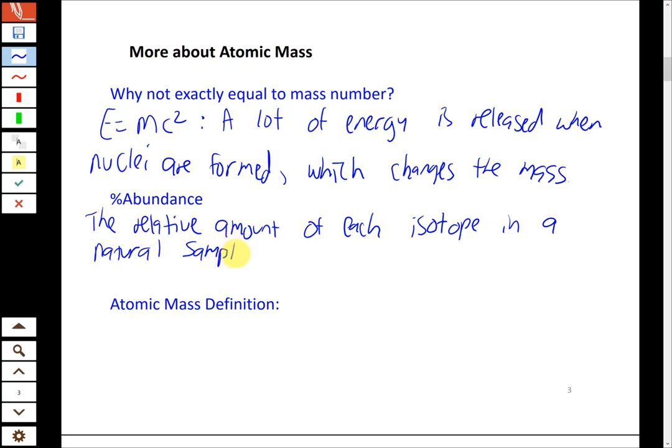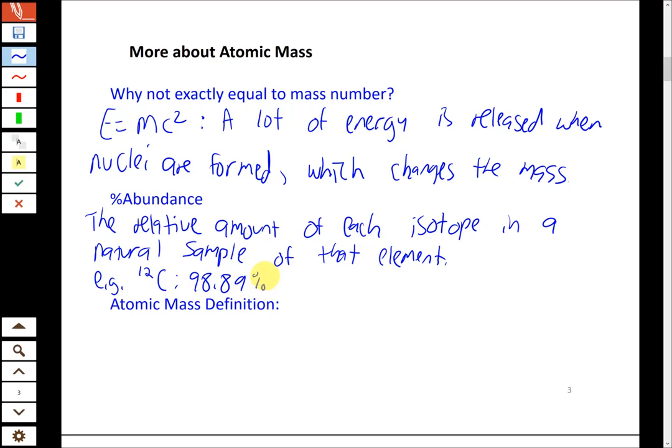Now this is not a mass ratio, this is a ratio of, I guess, the number of each type of atom that you would have in that element. So for example, if we have carbon, as we just talked about, carbon 12 makes up about 98.89% of naturally occurring carbon.